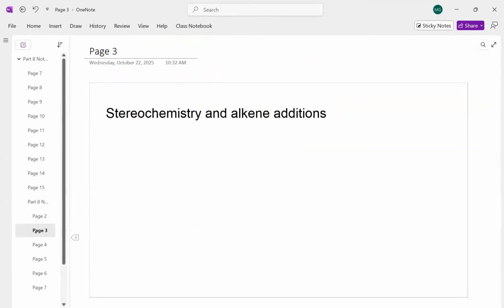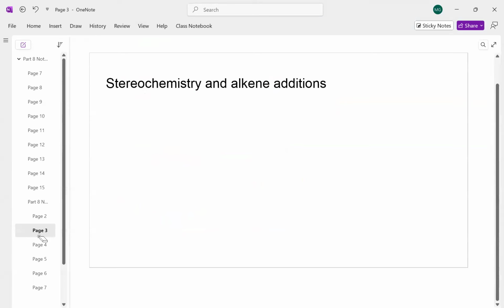Now, finally, to round this out, and this will be the most complicated thing to deal with, is when we make two stereocenters. I'll go back to the original problem.